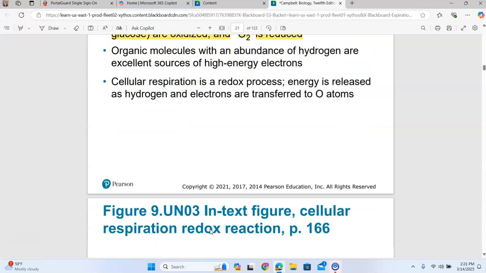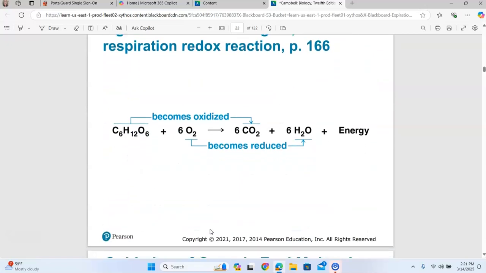Okay, so here we go. This is what I need to show you. If we look at glucose, glucose has 12 hydrogen atoms. Now, a hydrogen atom contains one electron and one proton. When glucose undergoes chemical change, it becomes carbon dioxide.